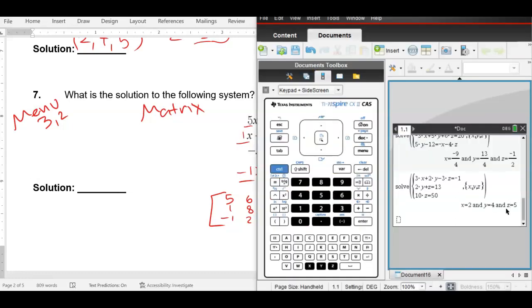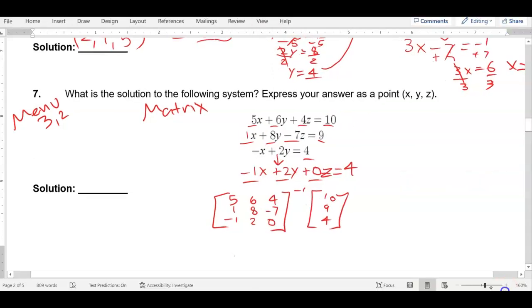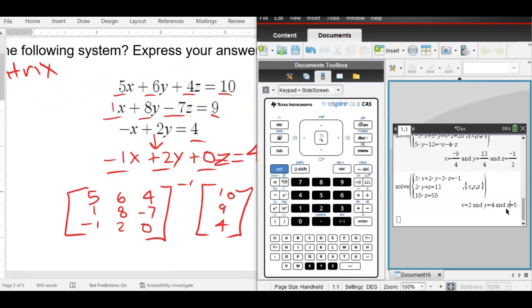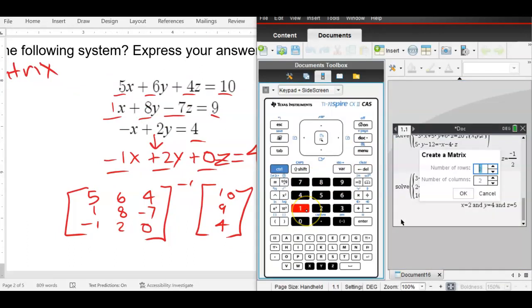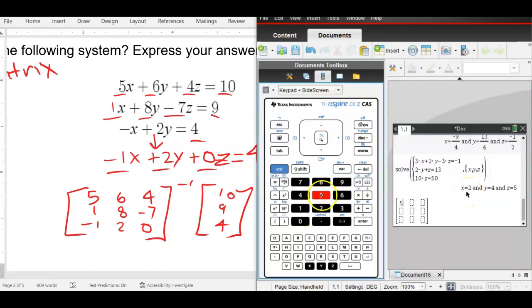All right. Again, you're going to press menu, 7, 11, 3 by 3, 5, 6.